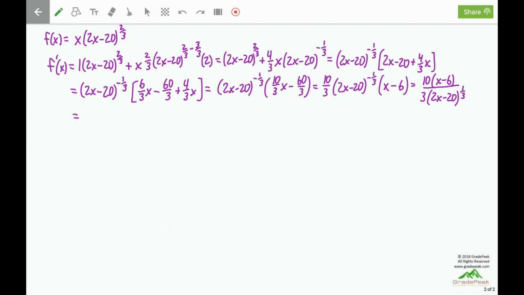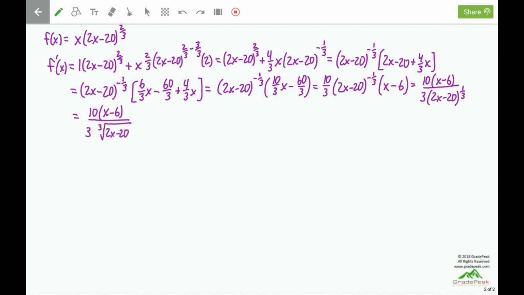That 1/3 power can be written as a cube root. So it'll be 3 times the cube root of 2x minus 20.